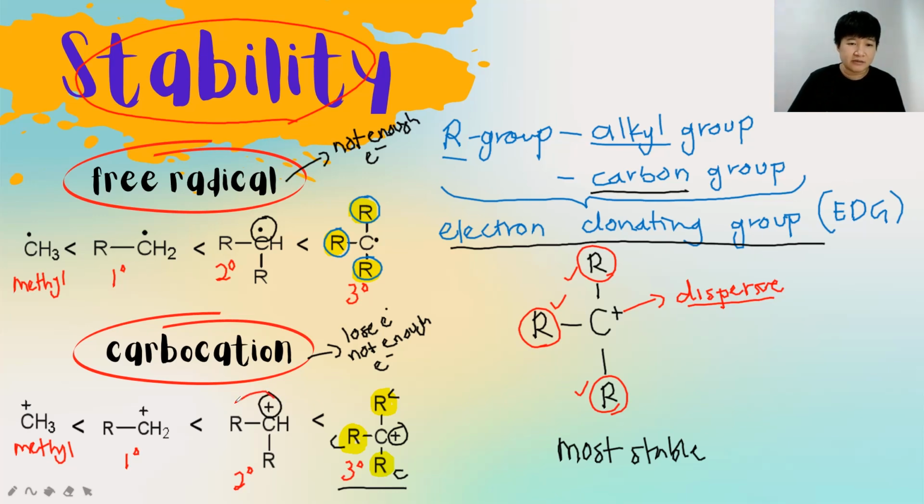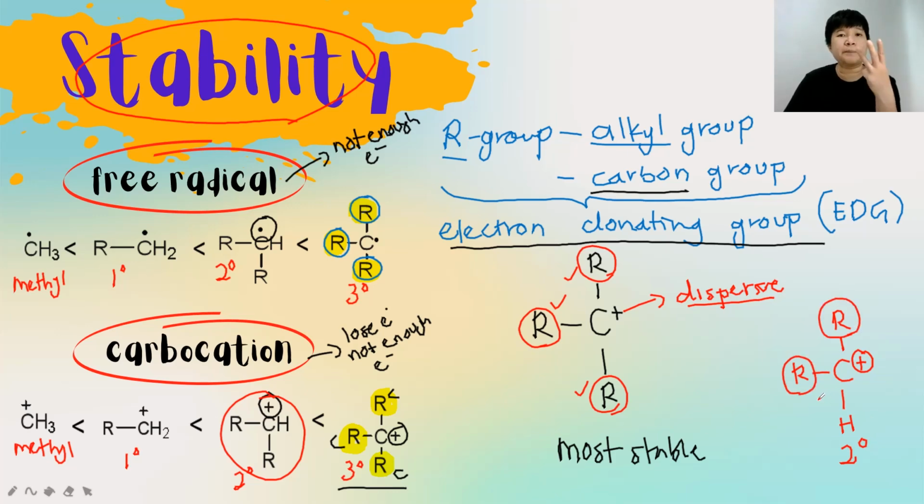Compared to a secondary, guys, a secondary carbocation is only having 2 R groups. And the positive charge in your secondary carbocation will only be dispersed by 2 persons. So 3 persons helping you and 2 persons helping you. Which one is more stable? Of course, 3 persons. 3 persons are helping you to decrease the positive charge. Everybody takes a bit.